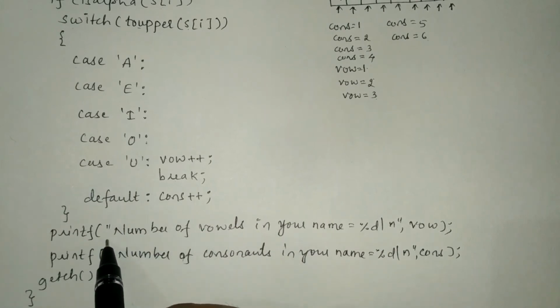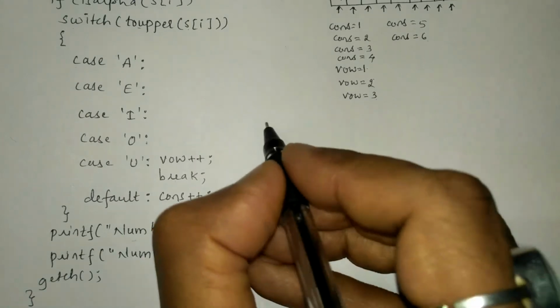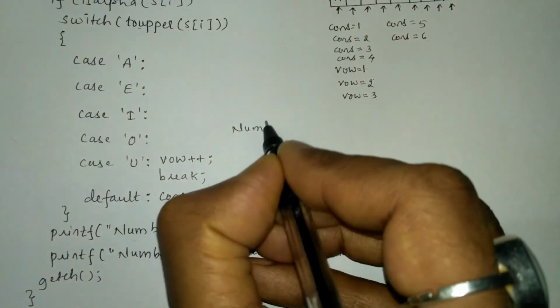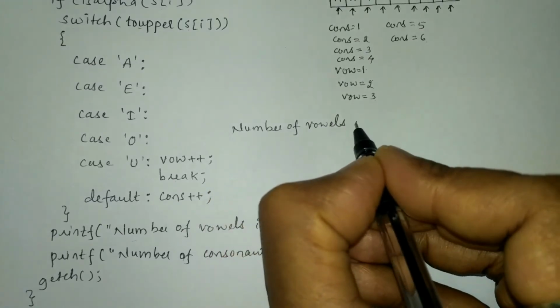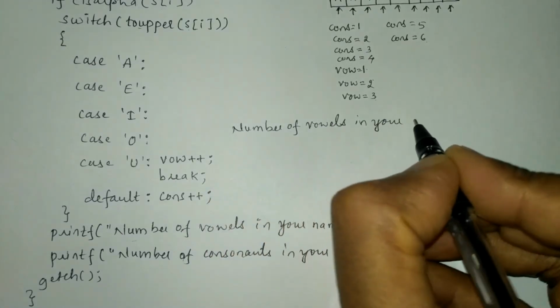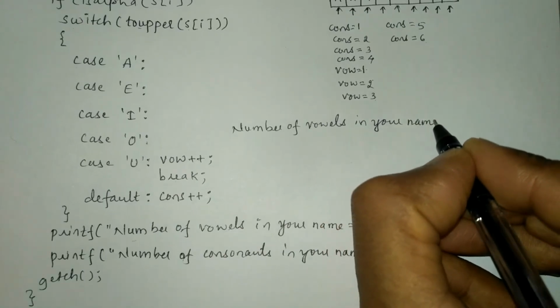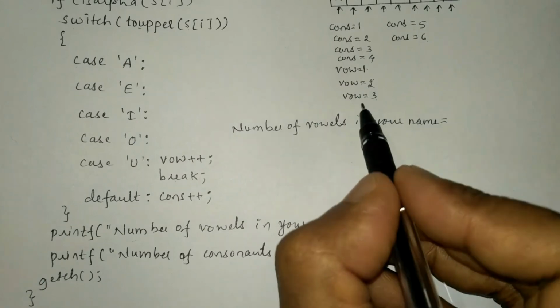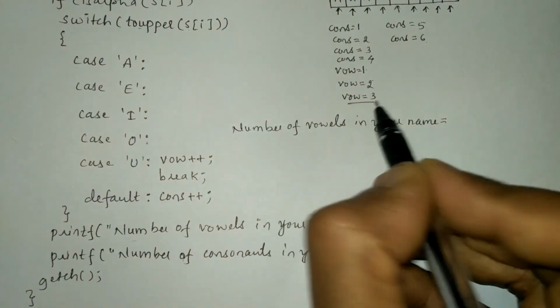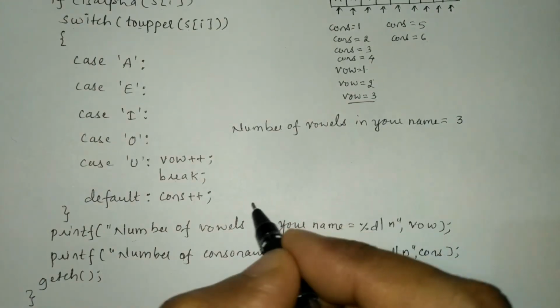So here the next statement consists of a printf statement. It is going to print number of vowels in your name is equal to %d associated with vowels. The last value for vowels is 3, so here I am going to write 3.